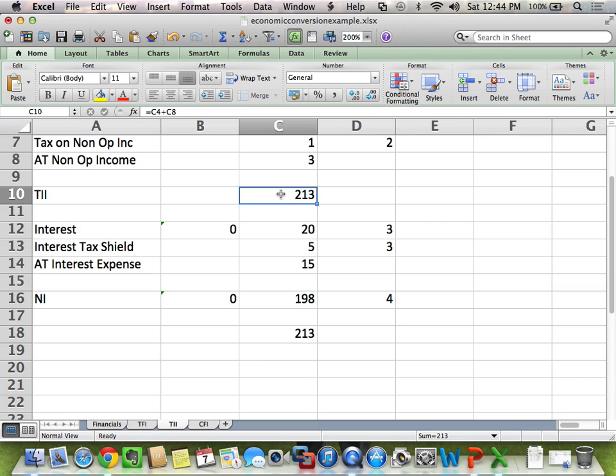It's the income that I have available to pay my investors. And the statement has to balance. Therefore, if I have positive income, then the payouts of that income have to be positive numbers. Otherwise, my statement won't balance.